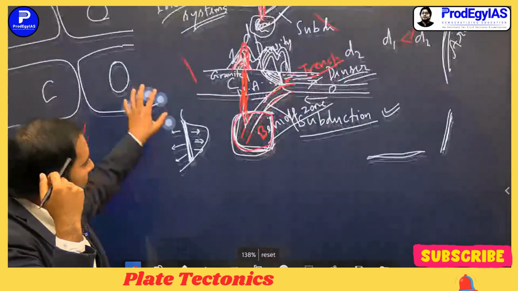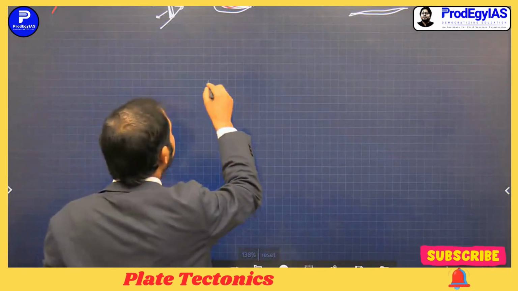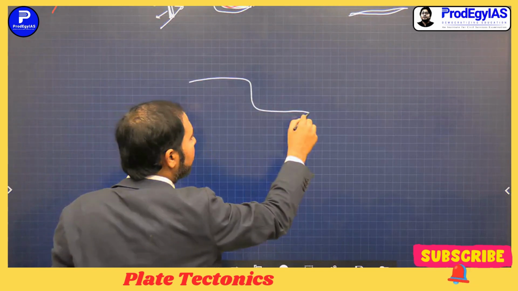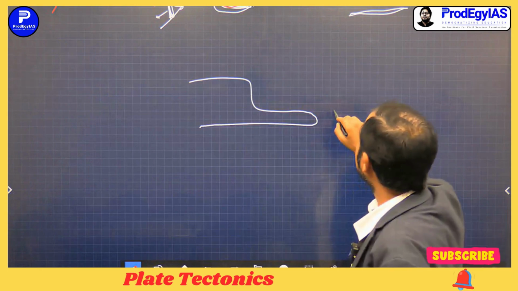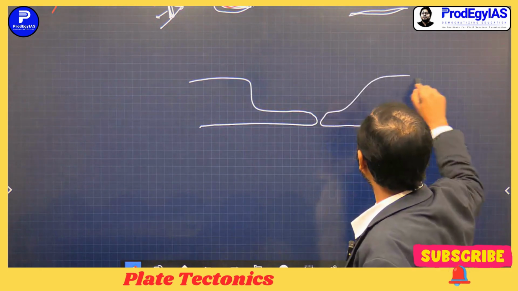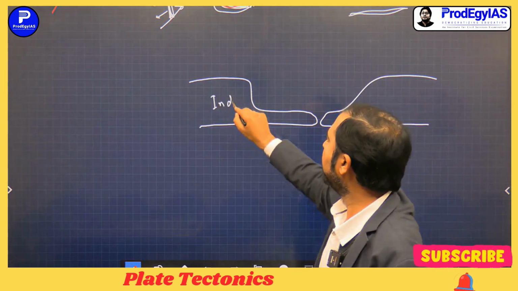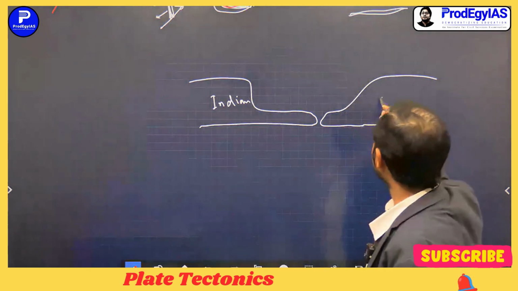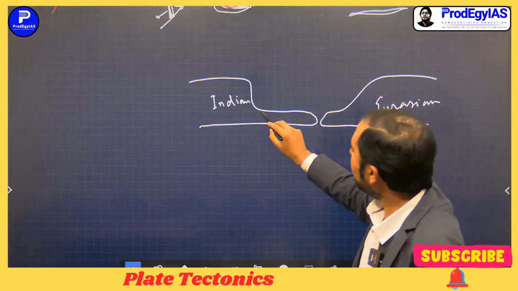So in the Himalayan part, actually the thing was like this. Like this is the Indian plate. This is the Eurasian plate. Okay.